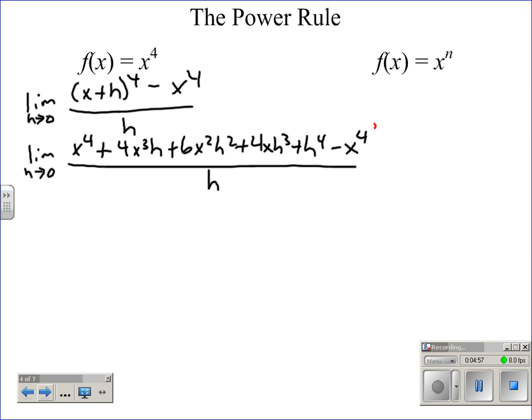This negative x to the 4th cancels with the positive x to the 4th, and notice that every other term on top has an h in it. So we can cancel all of those with the h on the bottom.